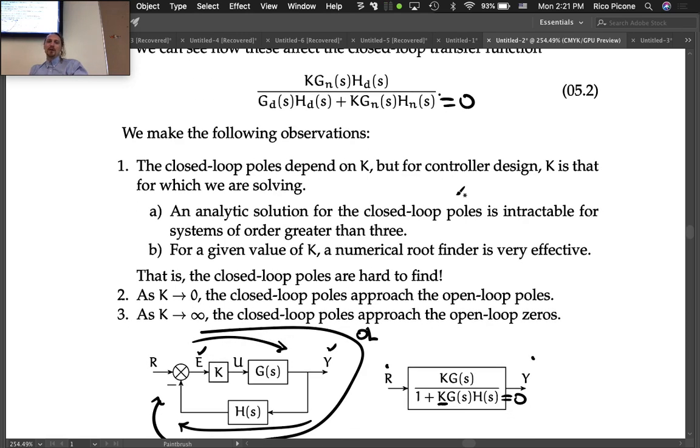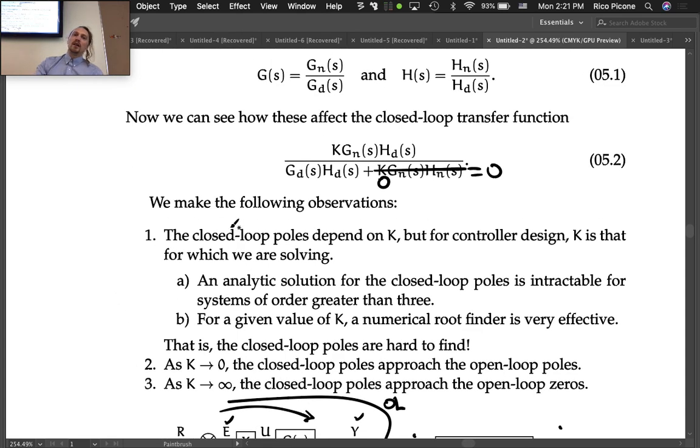So 2, another observation. As k goes to 0, so that means this term right here goes to 0, right? Which means this whole thing gets wiped out. The closed loop poles approach the open loop poles. So the closed loop poles then are just GD and HD, the denominators of G and H equal to 0.